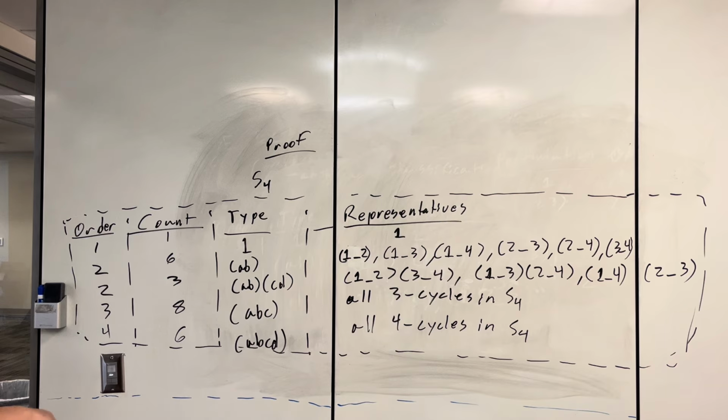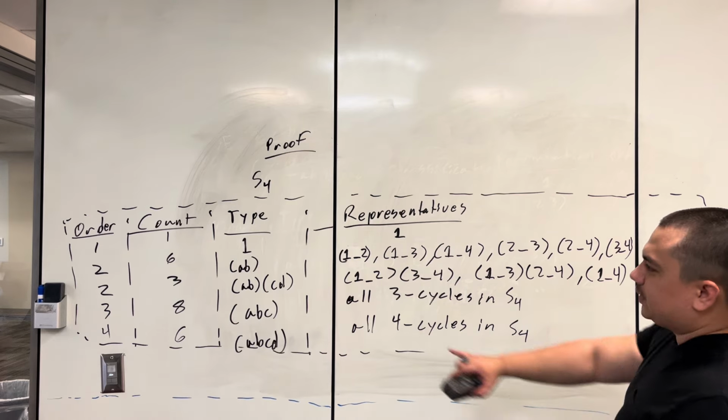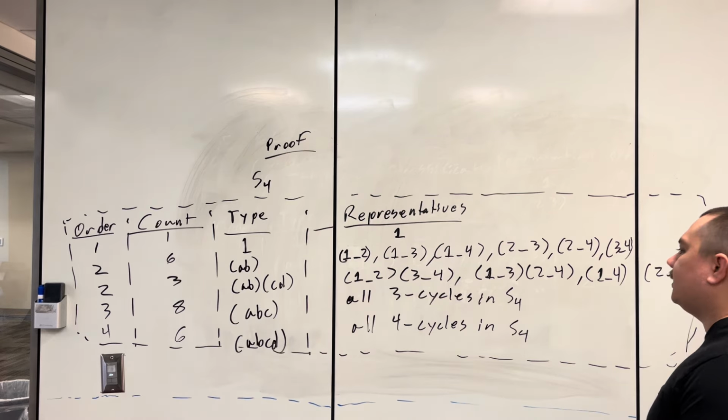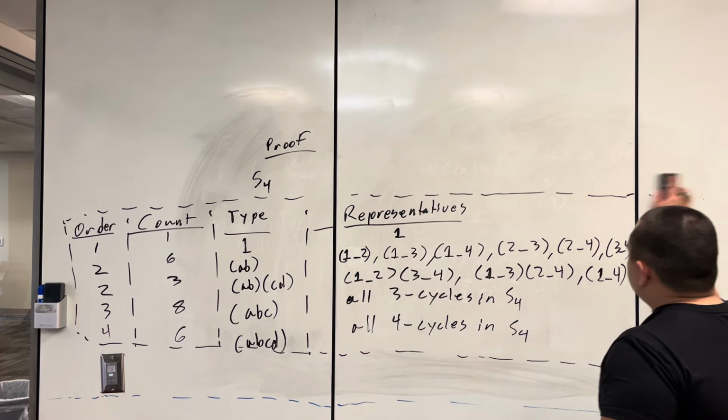Okay, and that's it for exercise 4. Now let's move on to exercise 5. Yeah, and you can see the order, why that is the way it is, via LCMs of each of the disjoint cycles, right? So let's continue on.